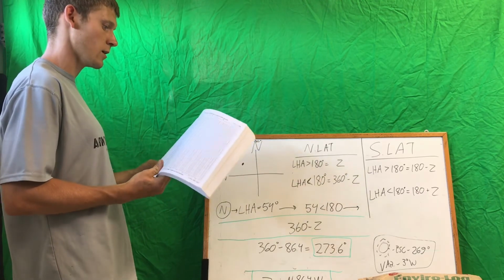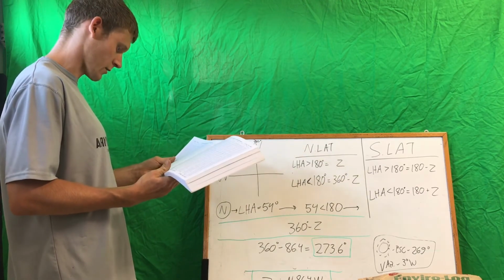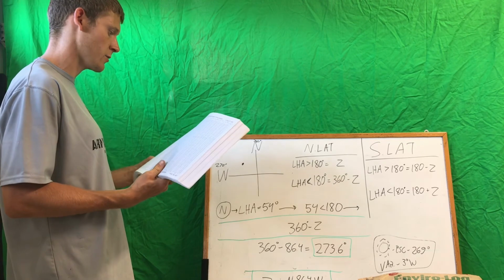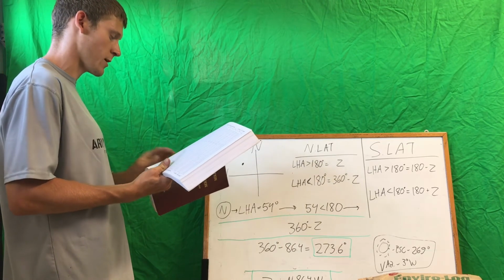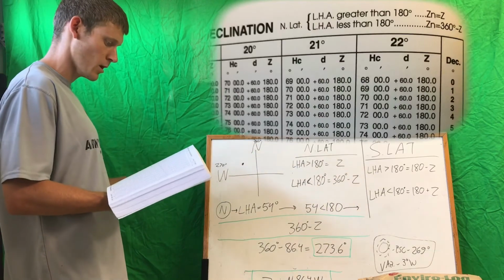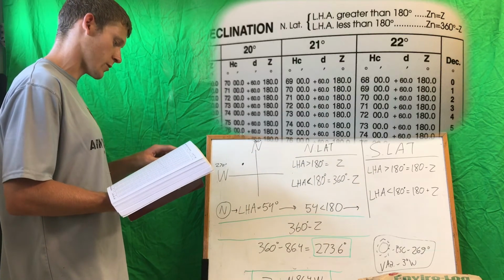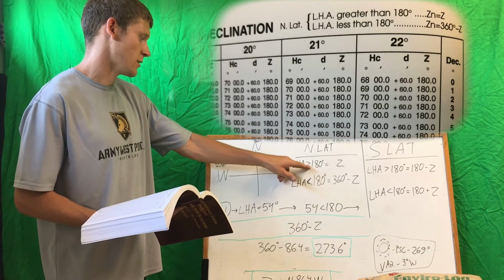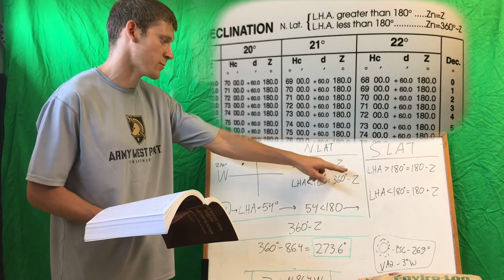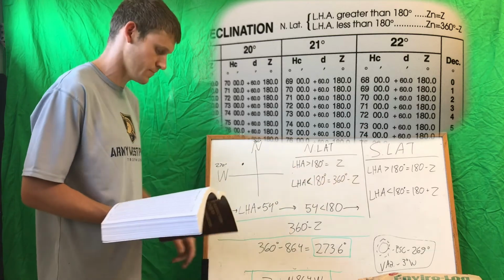In the center of the book, the center top on the left page and the center bottom on the right page, you get this little note that says north latitude. If your LHA is greater than 180, then your azimuth is what your azimuth is.